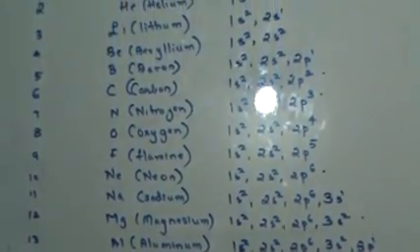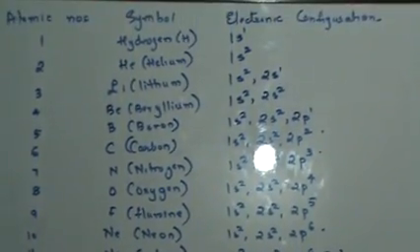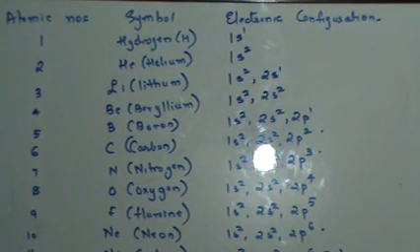Now I'll just tell you the value of l and m for various subshells, right? I think we've done this also. Spin quantum number, azimuthal quantum number, I think we finished everything. All the topics we finished.